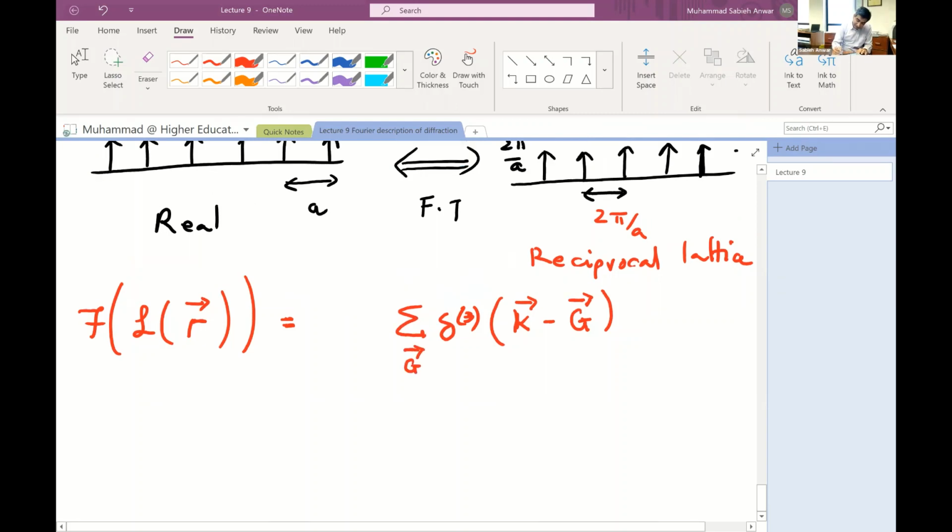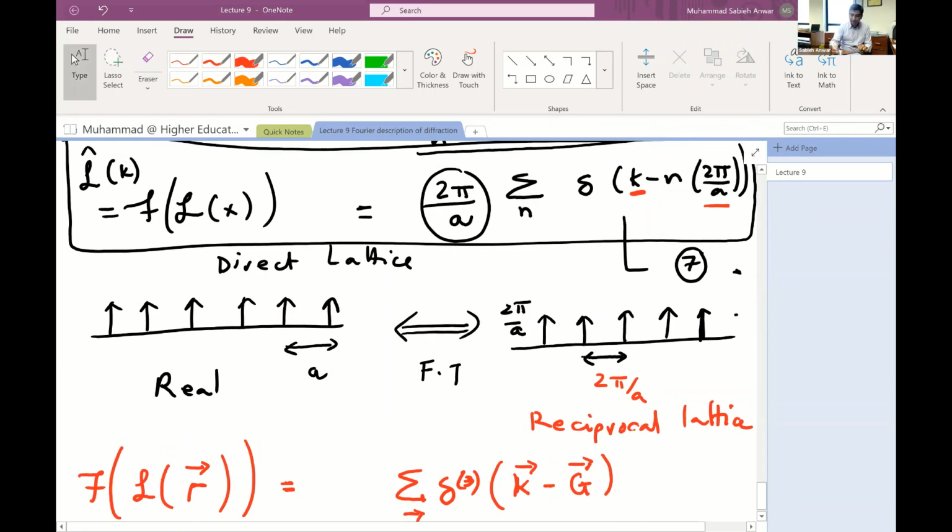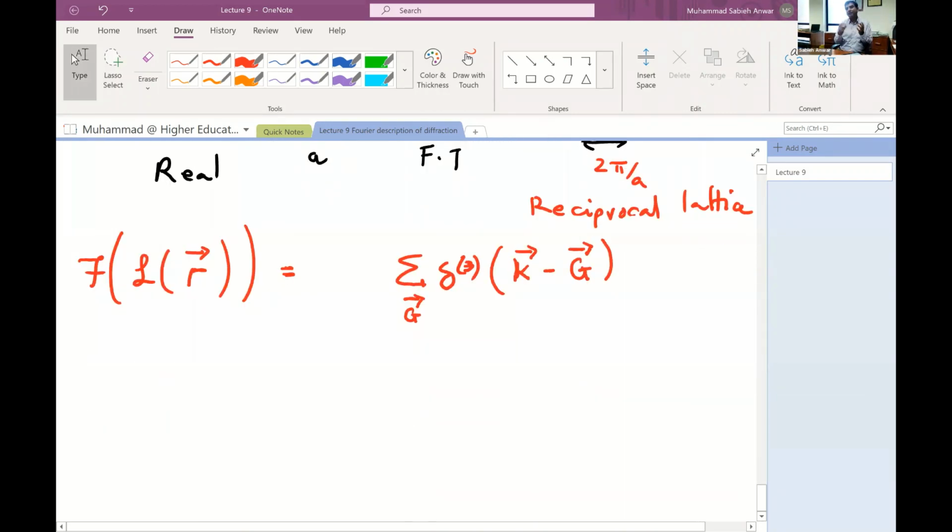In equation number 7, I was summing up over all of the reciprocal lattice vectors in 1D, which were 2 pi over a, 2 into 2 pi over a, 3 into 2 pi over a. These are just different reciprocal lattice vectors in a one-dimensional reciprocal lattice. In 3 dimensions, I simply replace this by the generic reciprocal lattice vector G, and I sum up over all possible G's.